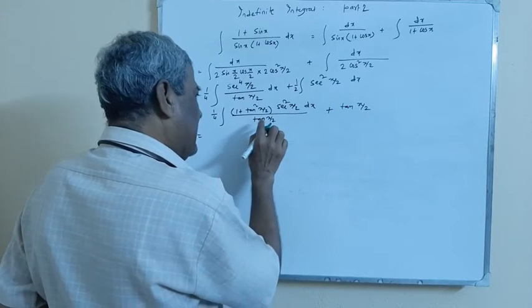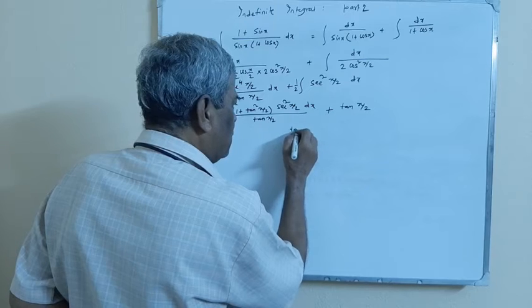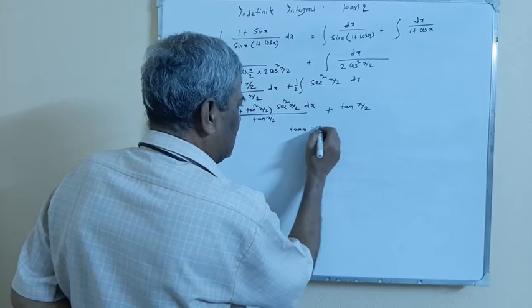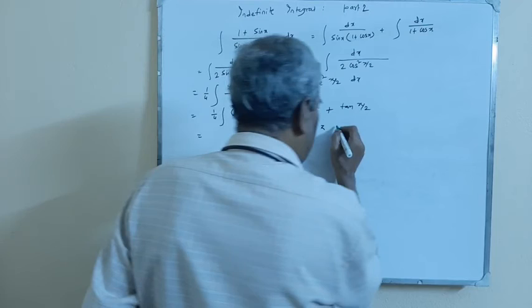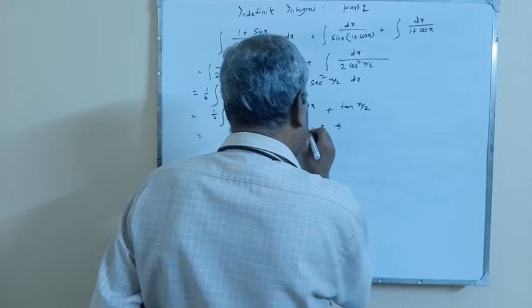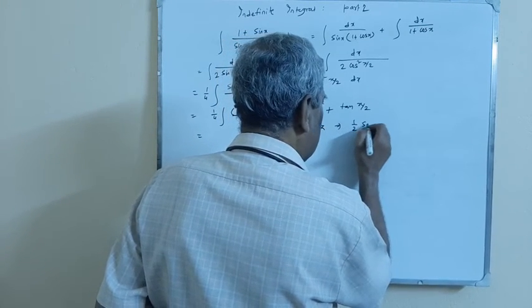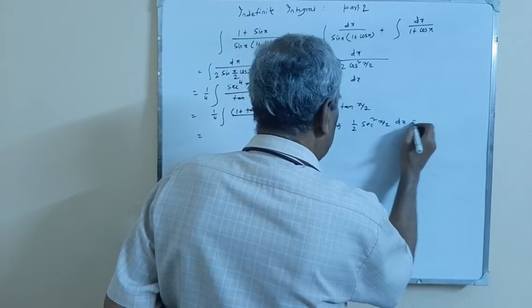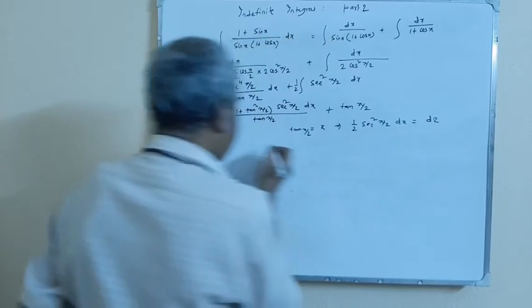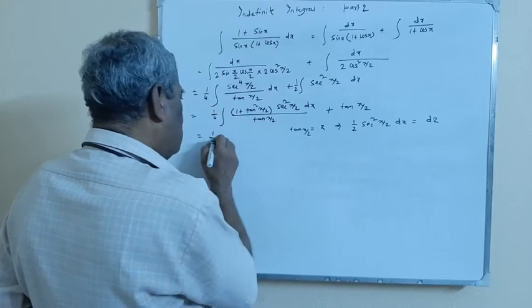So in that case here we put tan x by 2 equal to z, so half sec square x by 2 dx is equal to dz. So it is equal to 1 by 2.